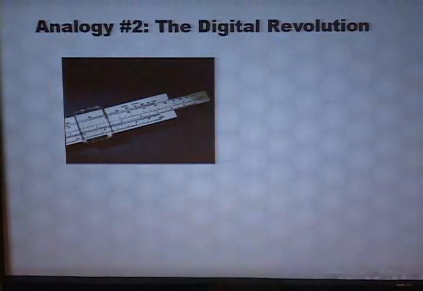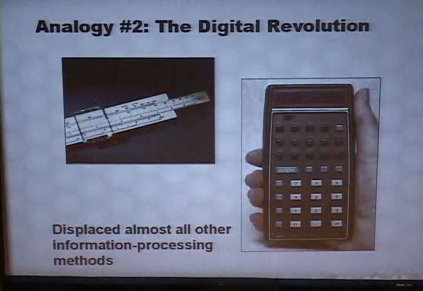So, I would also like to make a comparison to the digital revolution. Not very many years ago, when I was young, in fact, most information processing was done by analog means. That's a slide rule there, but vacuum tubes and so on were used to process information.